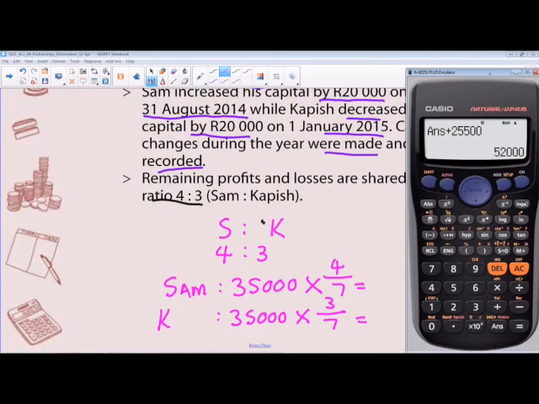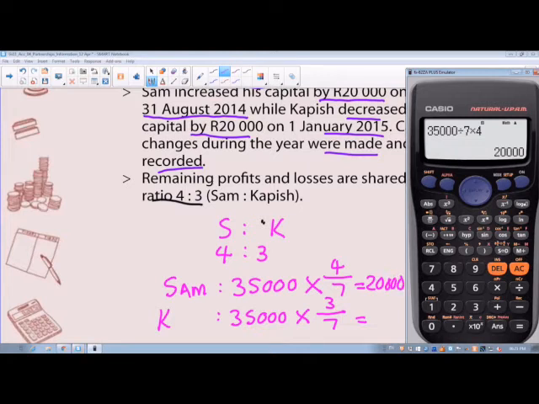Okay, so let's start with Sam. 35,000. I'm going to first divide that by 7, and then multiply that by 4. So his share is 20,000. And then partner Kapish, it should be 15,000, but let's just do the calculation.